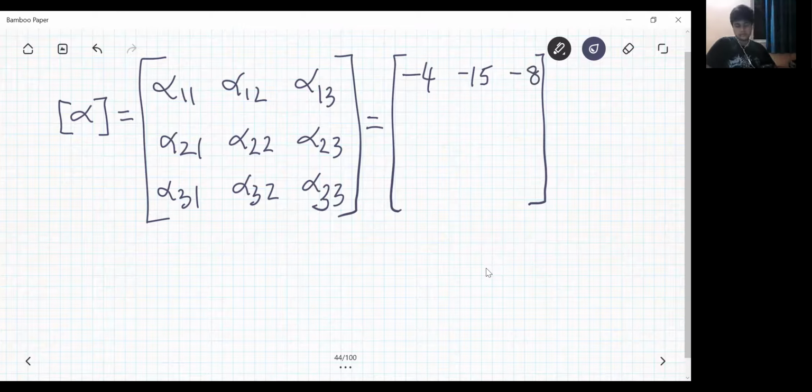Alpha 21 is 10. Alpha 22 is 5. Alpha 23 is 0. Alpha 31 is minus 8.